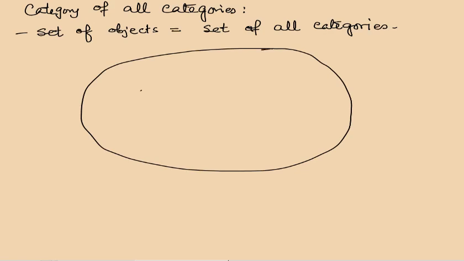Remember what a category was? A0, A1, partial 0, partial 1, E and M, the six tuple. Just recall how a six tuple was defined.